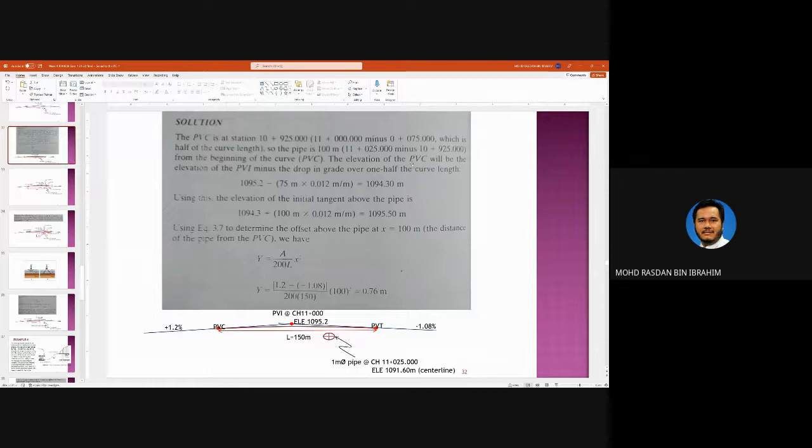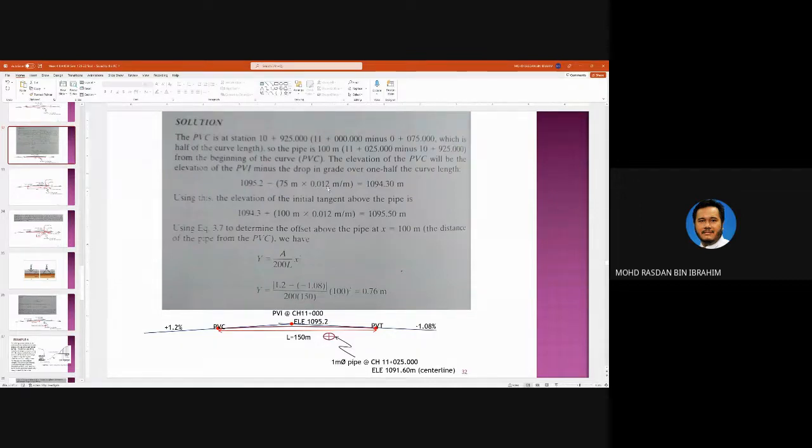The elevation of the PVC will be the elevation of PVI minus the drop of the grade. So we are starting here, elevation 1095.2. Because we want to go down to PVC, we go down 75 meters, which is half of L, the distance between here and here, multiplied by 0.012, which is 1.2%.